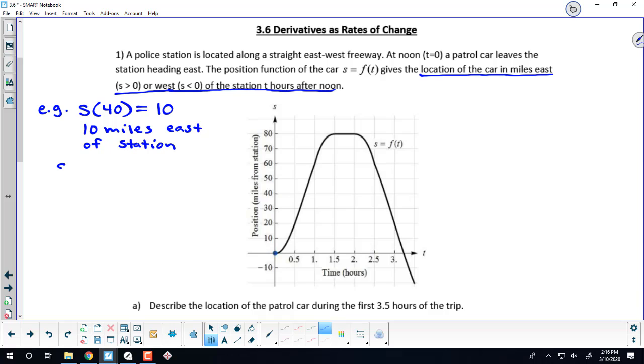Or if s of 15 were equal to -6, then again that means it's 6 miles west of the station. That's what that statement is clarifying.